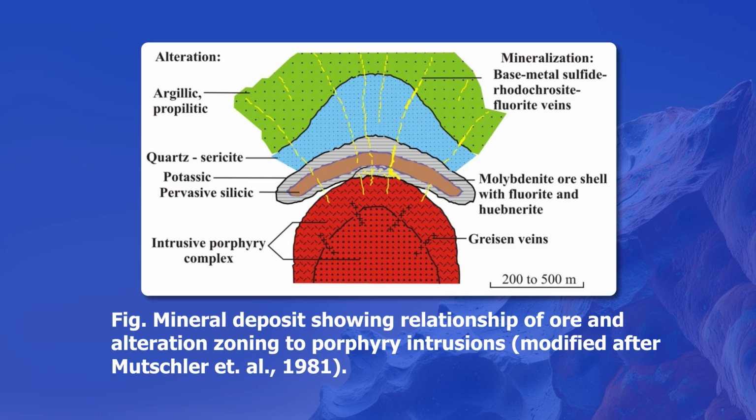Then you find a greisening effect. The rock which is formed by greisening effect is called greisen. You have in this diagram, the greisen veins are there, and intrusive porphyry complex is shown with the help of red color here.